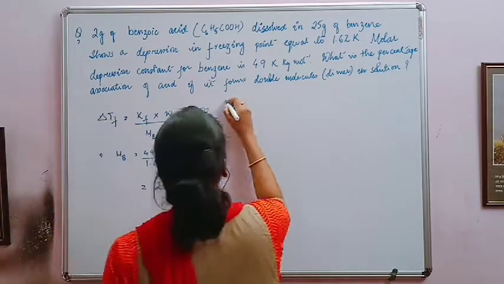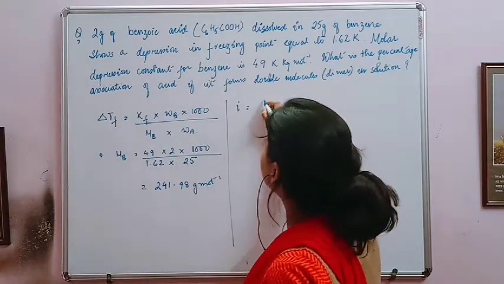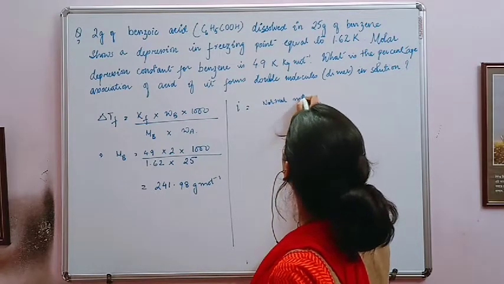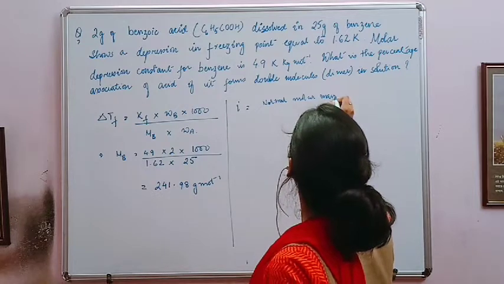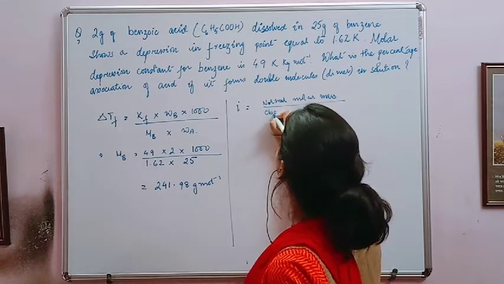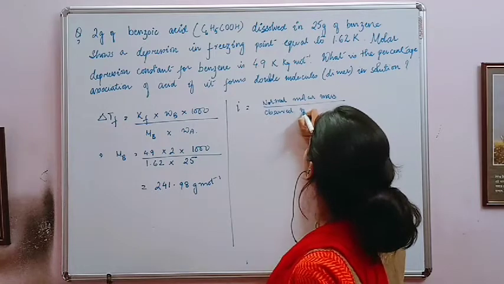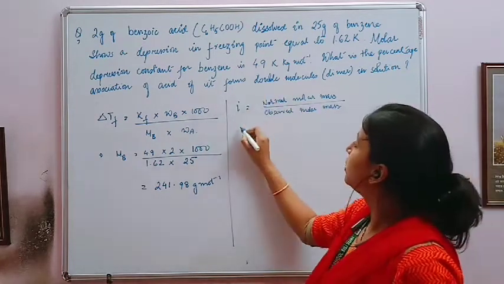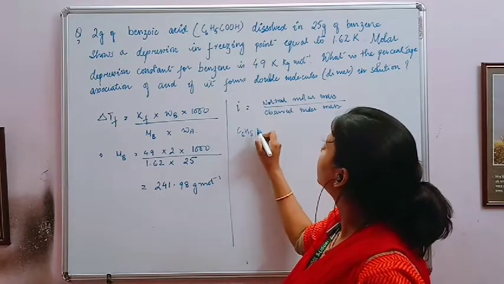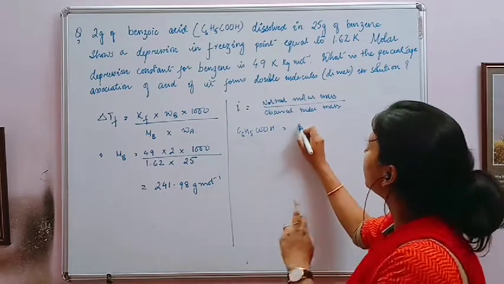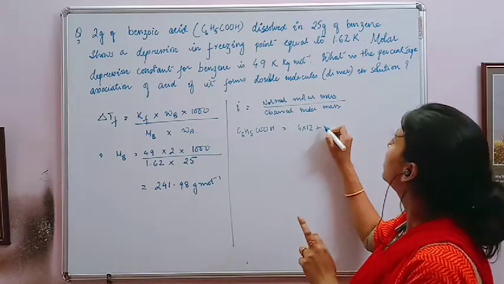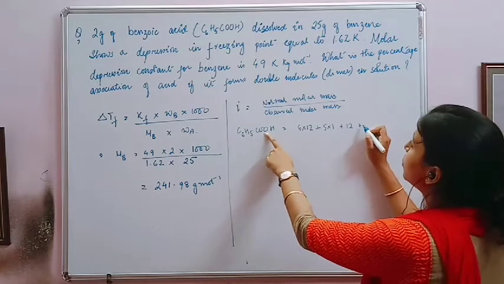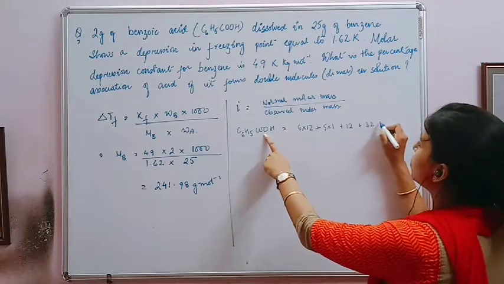Now we know that from the Van't Hoff factor relation, i is equal to normal molar mass by observed or abnormal molar mass. Now, what is the normal molar mass? We need to calculate for C6H5COOH. So that is 6 into 12 for carbon plus 5 into 1 plus 12 again plus 2 atoms of oxygen, that is 32, plus 1.